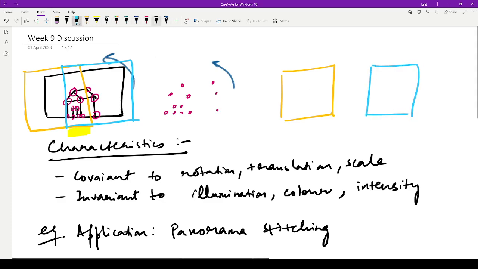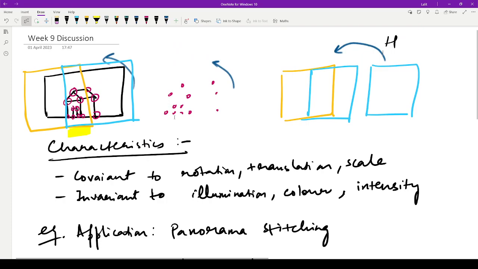What you can do is map this in such a manner that it can fit like this. So this mapping is the homography that we discussed in the earlier lectures. For that, the core idea is that we need interest points here.